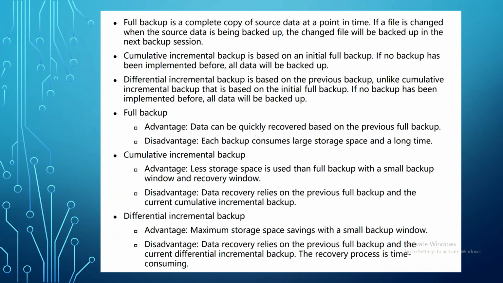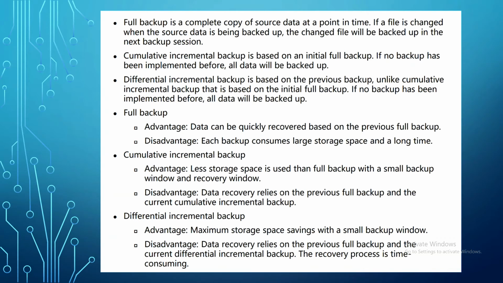So let's see in the example what the differences are. For example, this is differential incremental backup. On January 1st, I have a full backup, and January 2, I have a differential incremental, Jan 3, differential incremental, Jan 4, differential incremental backup, and then I have a fault. So what will be the procedure to restore the complete backup?